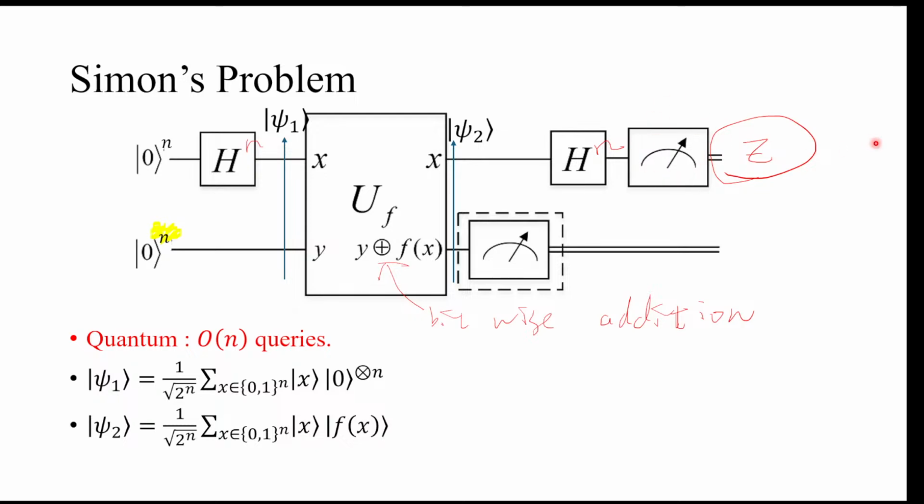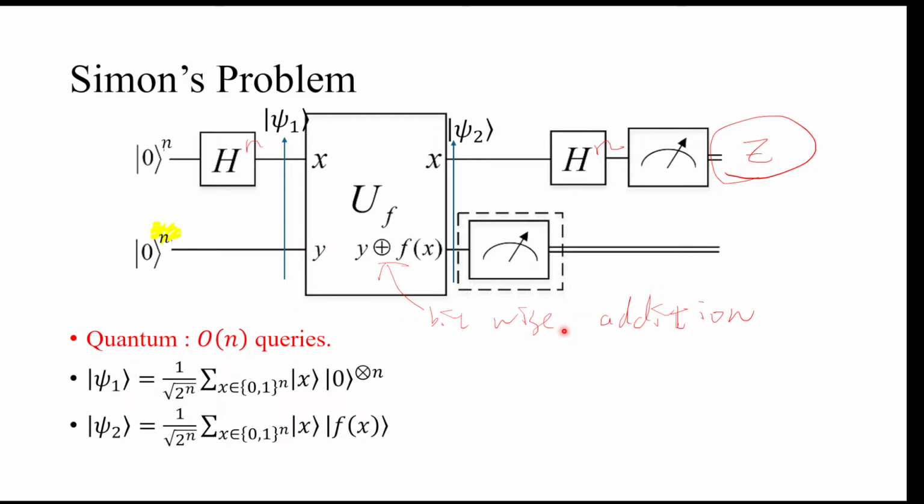But here we don't have phase kickback, we just have a 0 to the n here. And so basically this y is nothing, and we just have f of x here, and we throw away this, but we can think about doing a measurement here, because of the principle of implicit measurement. Okay. This is where we see the principle of implicit measurement give us some nice analysis.